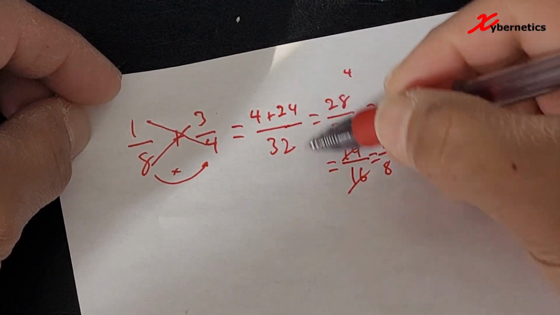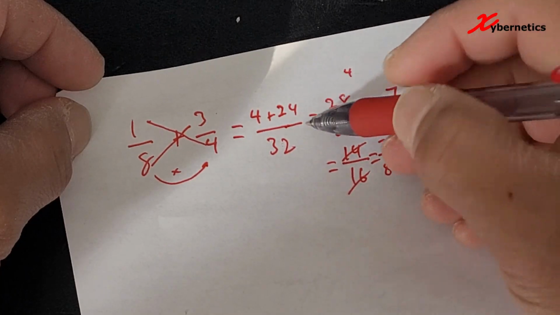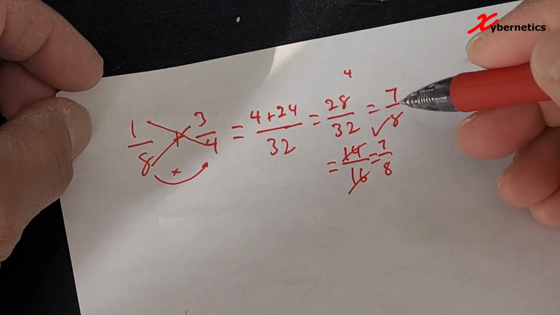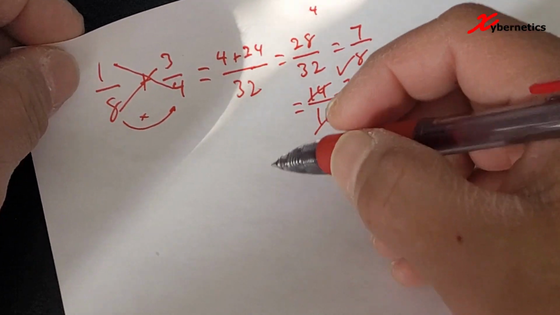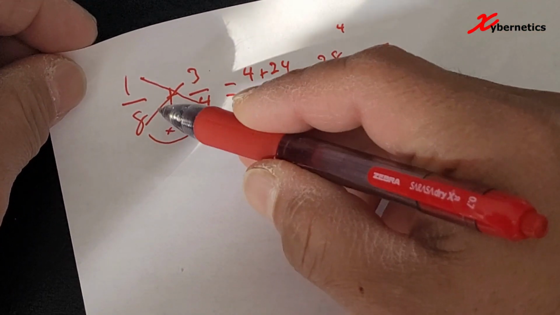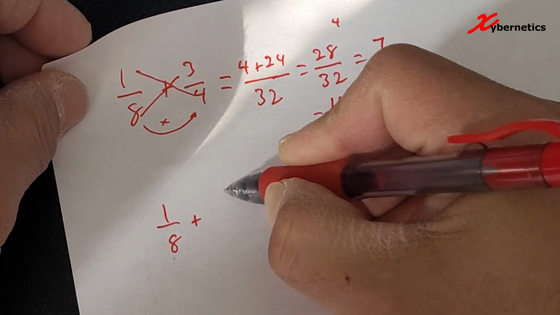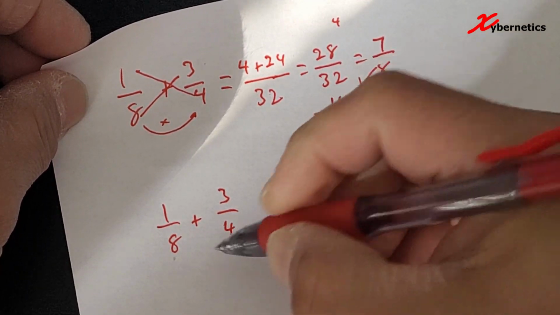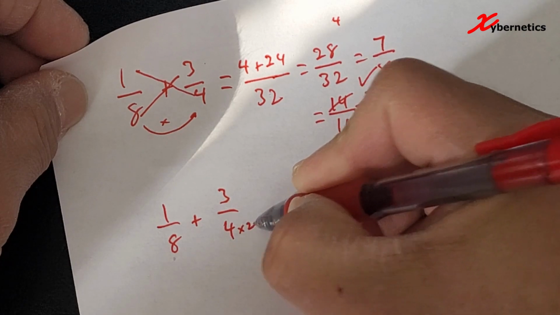As you can see, a lot of simplification is going on if you follow this method. So this is not really an ideal way of doing it. Normally what I expect my students to do would be to find a lowest common multiple between the denominators. So for example, if you do 1 over 8 plus 3 over 4, to make the common denominator, you simply multiply this by 2.